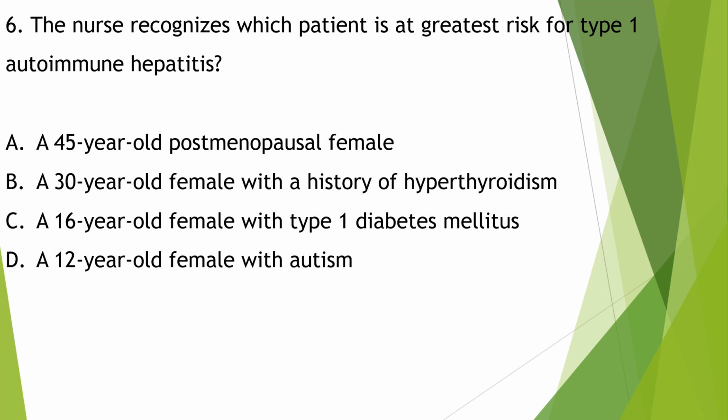Type 1 autoimmune hepatitis occurs most frequently in females during adolescence, and these patients usually have other autoimmune disorders such as type 1 diabetes, Graves' disease, ulcerative colitis, or proliferative glomerulonephritis. Type 2 autoimmune hepatitis is less common and affects girls between ages 2 and 14.